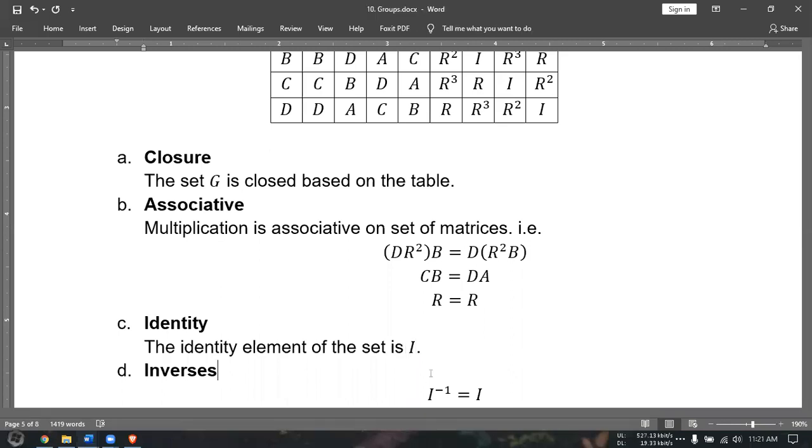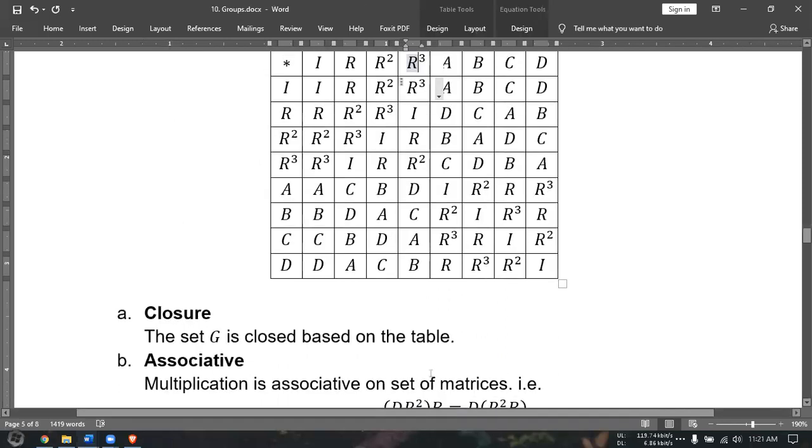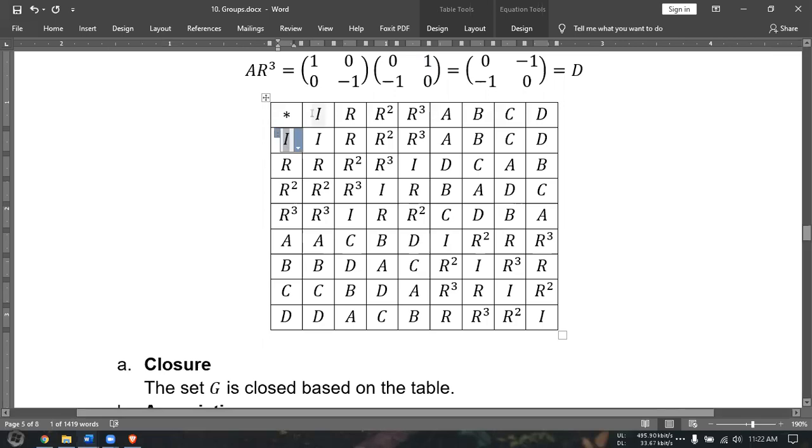And the inverses, of course, meron silang inverse, pero observe na lang natin yung table, if existing sila. The inverse of I is I, kasi when we multiply matrix I to matrix I, the result is our identity element I. The inverse of R is R cubed. The inverse of R squared is R squared.